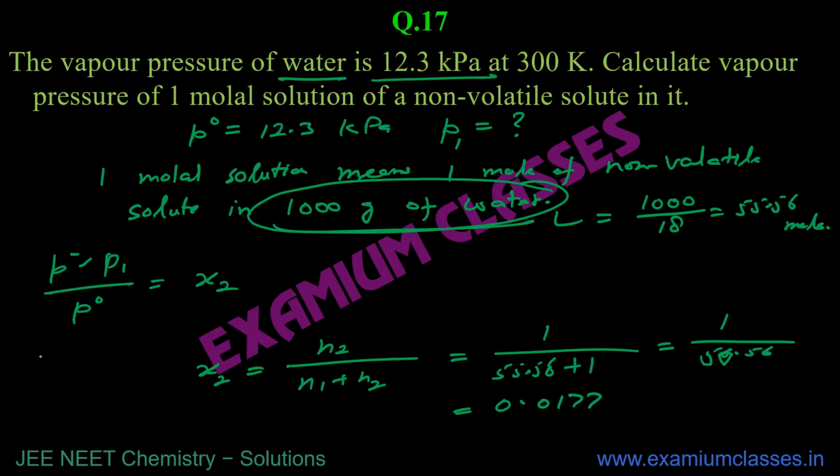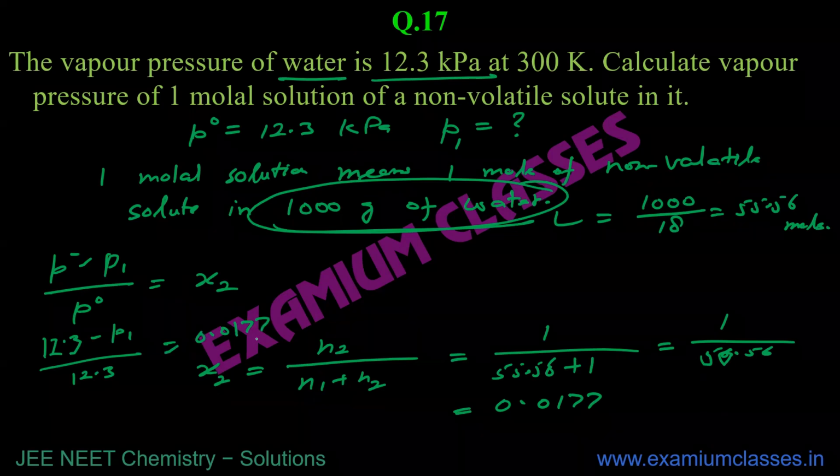It will be (12.3 minus P1) divided by 12.3 equals 0.0177. The only unknown is P1. So from here, when you calculate, you will get P1 equal to 12.08 kilopascal.